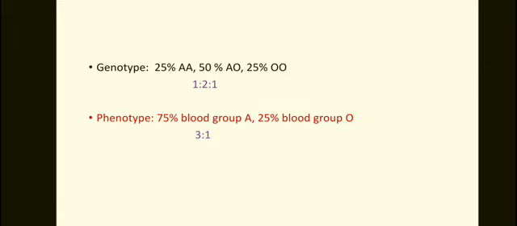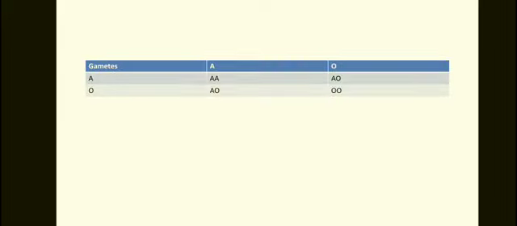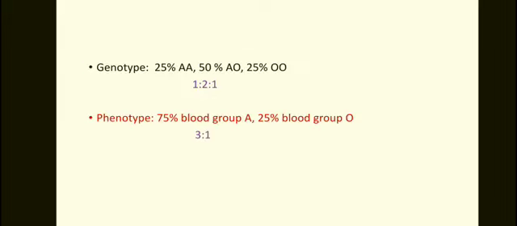So 75 is 3 and 25 is 1. Why this? 3 plus 1 is 4. This 3 is saying I've got 3 rectangles of blood group A, so 3, and 1 rectangle of blood group O, so 1. You understand? This is how we do it. That's the ratio, because they can ask you for the ratio. So the genotype ratio is 1 to 2 to 1, and the phenotype ratio is 3 to 1. Very important.